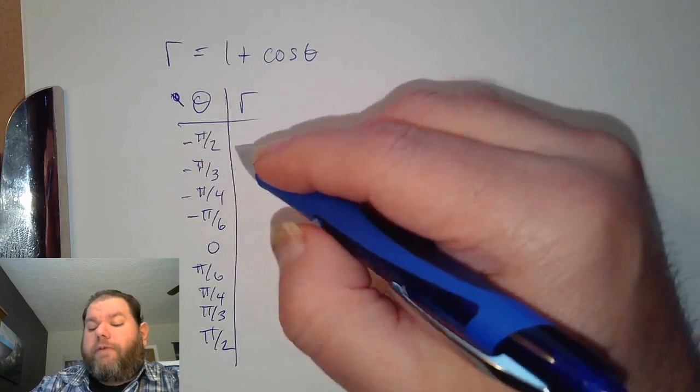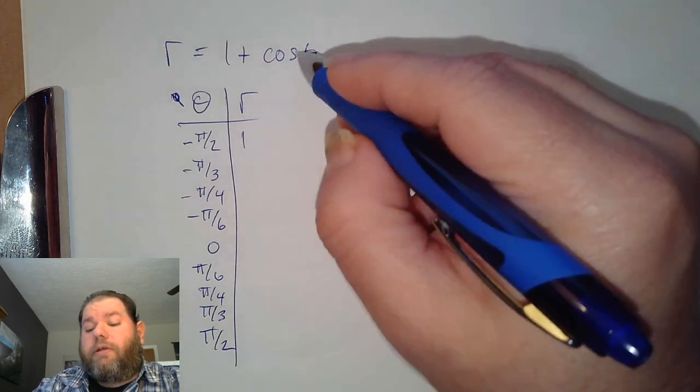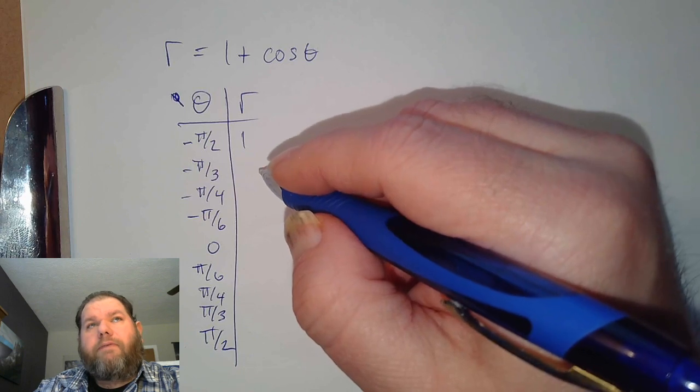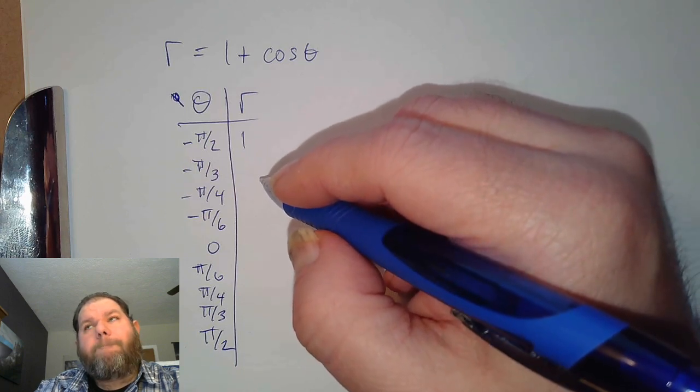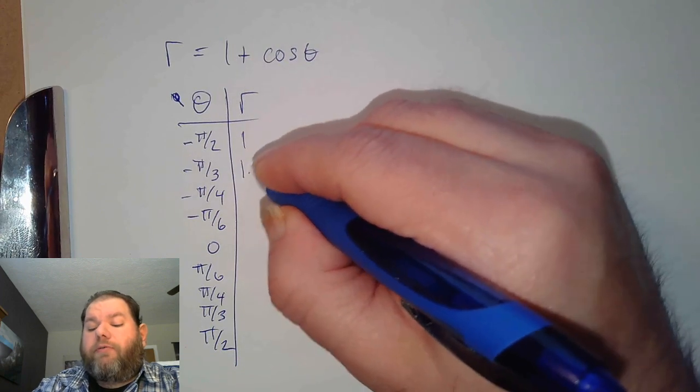So negative pi over 2, cosine of negative pi over 2 is 0, plus 1 makes 1. Cosine of negative pi over 3 is 1/2, plus 1 makes 3/2, or 1.5.